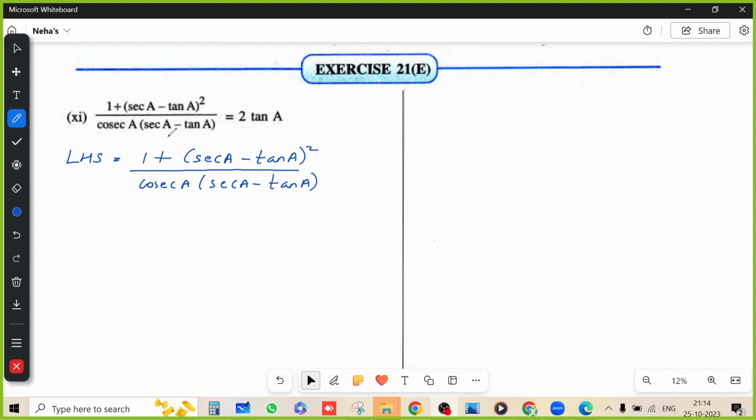The left hand side of the next question is given as this. So we can now write 1 as sec square A minus tan square A, and the second expression would be written as it is.